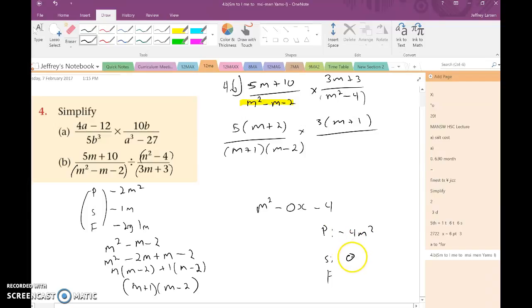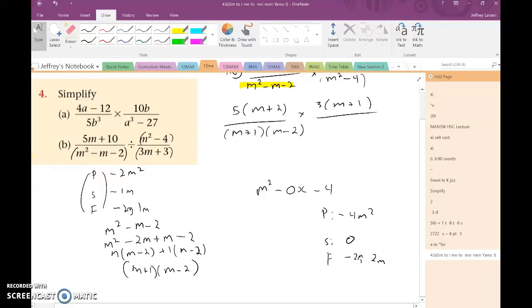The sum has to be 0. So I need factors of 4 that add up to 0. Well, that'd just be negative 2 and 2. So if I multiply negative 2m and 2m, I'll get negative 4m squared. So this m squared minus 0x can be written as m squared minus 2x plus 2x minus 4.